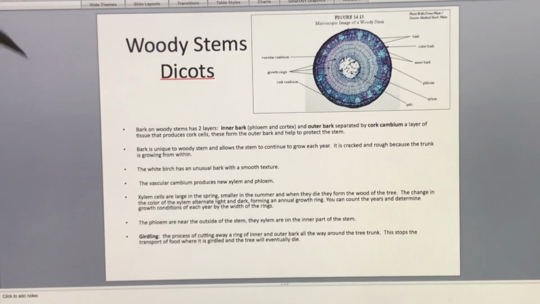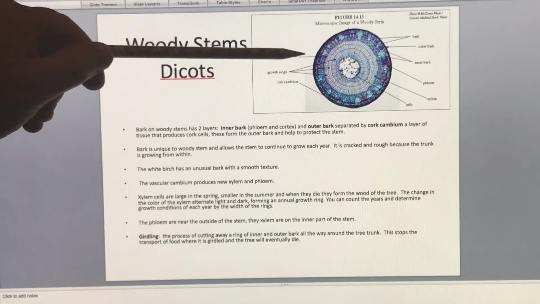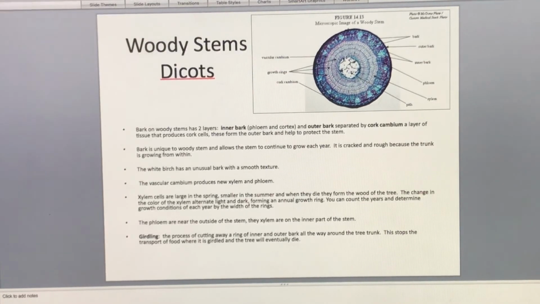The book makes mention of the white birch tree, which has an unusually smooth texture for its bark. And also this vascular cambium here is an area that produces new xylem and phloem cells.